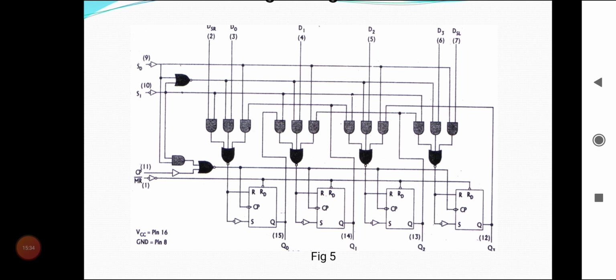It is constructed with 4 RS flip-flops, with their S inputs inverted, so that each is effectively a D flip-flop. All flip-flops are reset with the MR complement, the memory reset input.